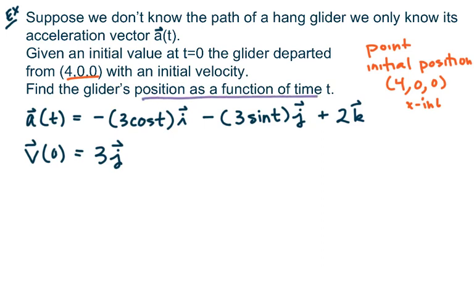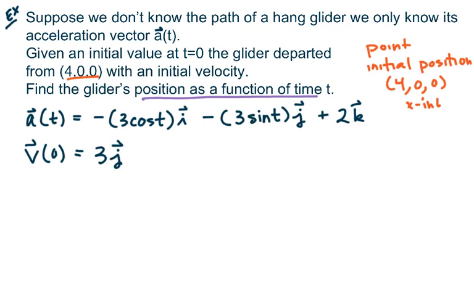We're given acceleration and we want to find the position vector. What you should remember from Calc 1 and Calc 2 is that the derivative of position gives us velocity, the derivative of velocity gives us acceleration, and working backwards, the antiderivative of acceleration gives us velocity, and the antiderivative of velocity gives us position.